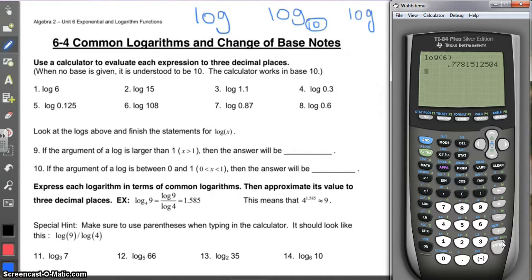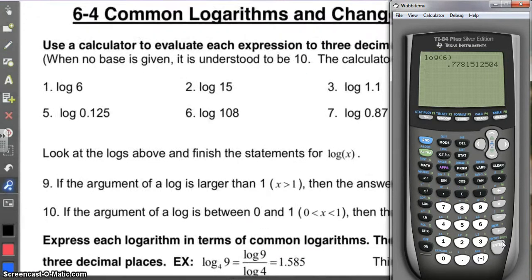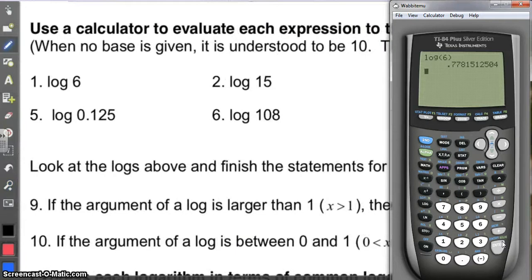So let's write this down. Let me make this bigger so I don't make a mess. So 1 is going to be 0.778. Now let's try to find log 15. So log 15 would be 1.176.